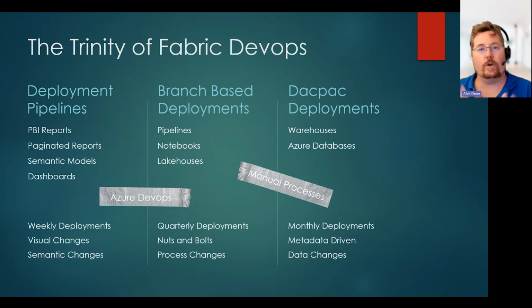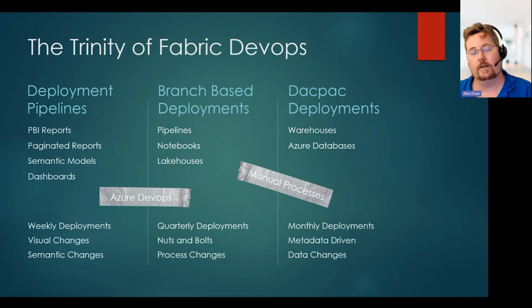So we've got one workspace for the BI side of things, the reporting. We use deployment pipelines to move that through the stages. We've got a separate workspace where we've got all of our pipelines and notebooks and also Lakehouse artifacts in it. And those ones we tend to really only deploy on a quarterly basis.